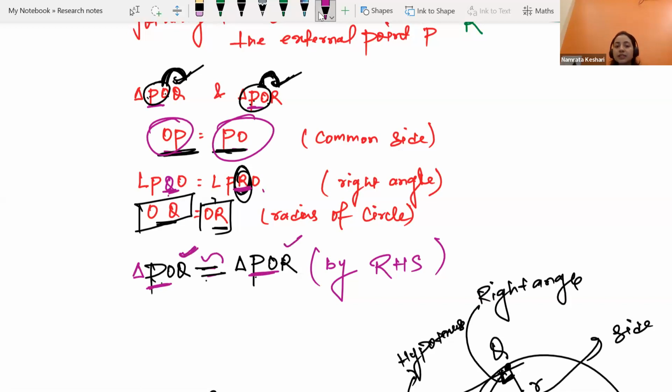So Q and R we have written at the same place. In the first triangle the third alphabet is Q, and in the second triangle also the same. Now Q and OR are the same, we have maintained it over here. We are done with the congruency.